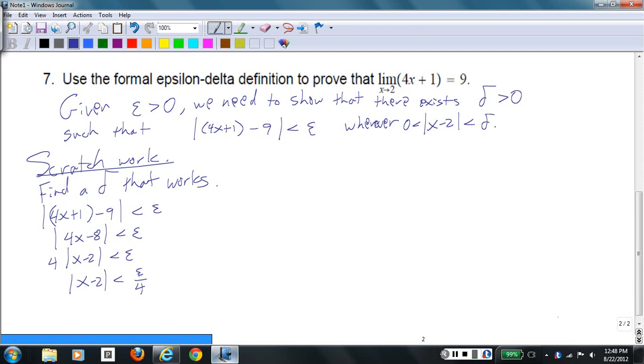Epsilon divided by 4. So we need that to happen. Well, in order for that to be true, let's let delta equal epsilon over 4. And now for the actual proof, show that delta equals epsilon over 4 actually works.